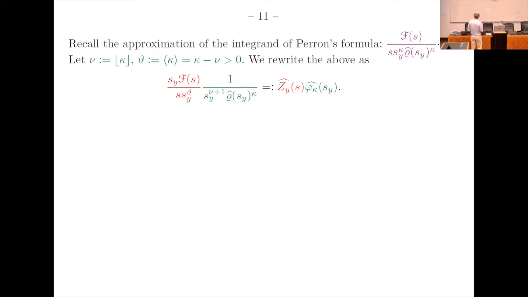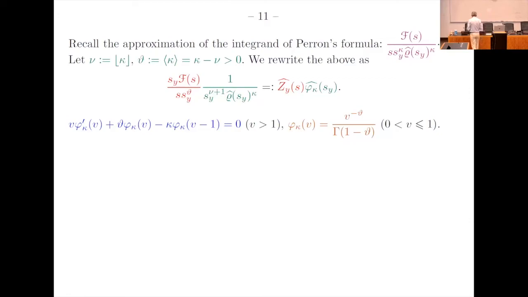So I write nu is the integral part of kappa, theta is the fractional part of kappa, which is now strictly positive, as kappa is not an integer. And we write this Laplace transform as a product. So we take a different product here.